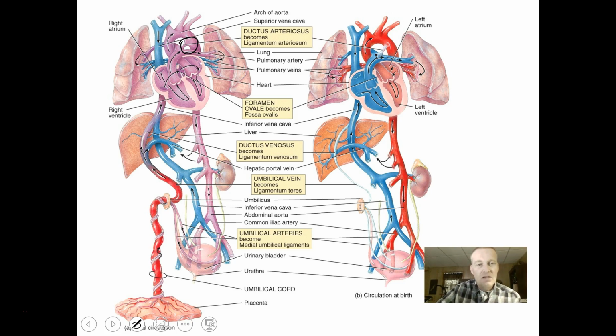Okay, so that in fetal life helps the blood that's coming from the mother to go directly into the aorta. There's no reason for it to really go to the lungs. So that is going to become the ligamentum arteriosum, as you can see over here. And it's just a ligament that connects the pulmonary trunk to the aorta.